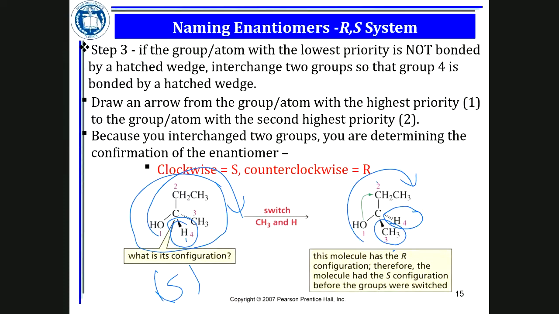With one switch, you have to change the configuration. So if you determine R after the switch, the original compound must be S. Or you could just determine the configuration here and say it's clockwise, but since hydrogen is coming toward me, it has to be assigned opposite, so it would be S configuration. Questions?